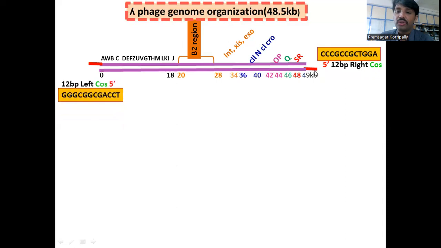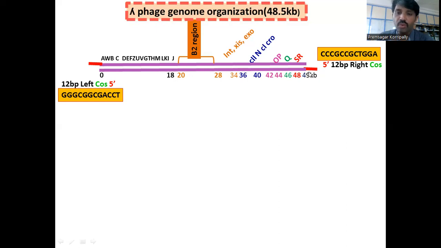The lambda phage DNA has single-stranded nucleotides at the 5' end of the DNA, and they are complementary to each other, around 12 bases in length. You can see the composition also: CCCGCCGCTGGA. So these are the cos sites at the 5' end of the lambda phage genome.